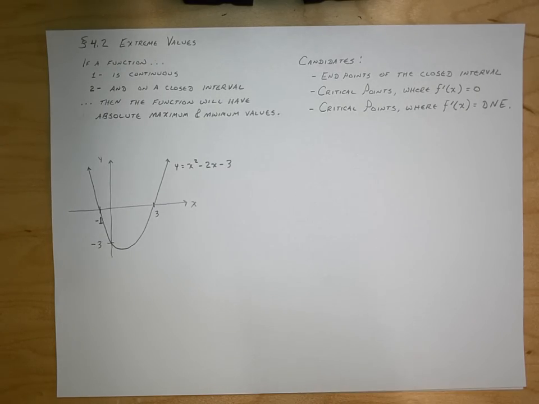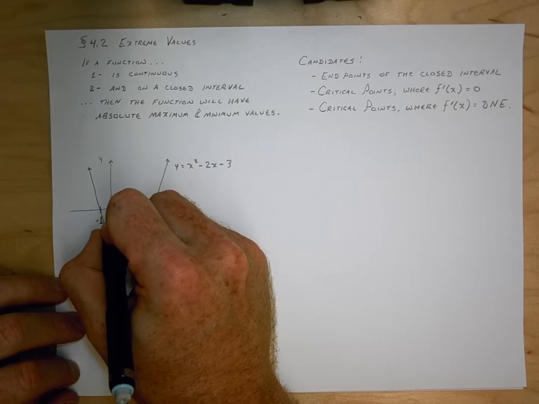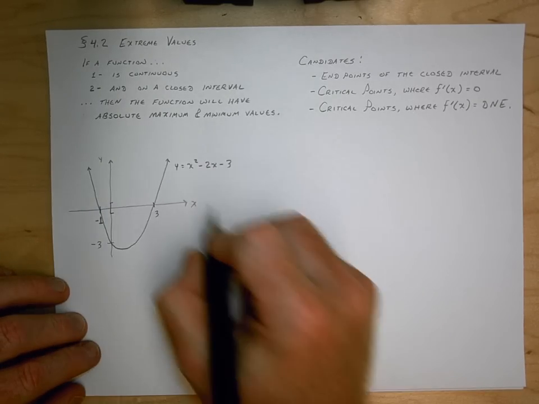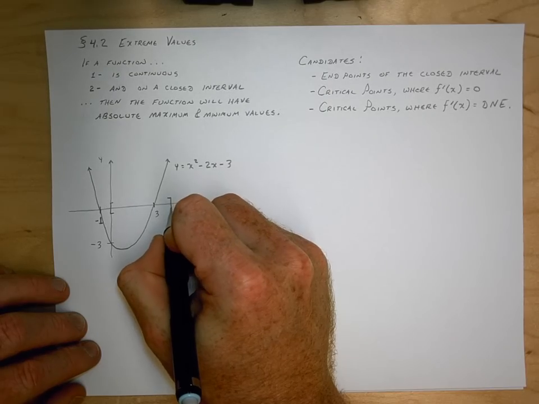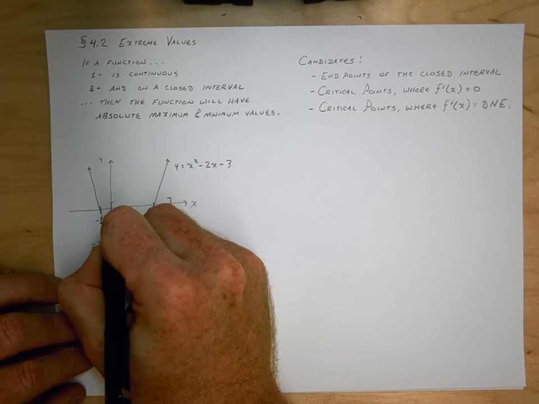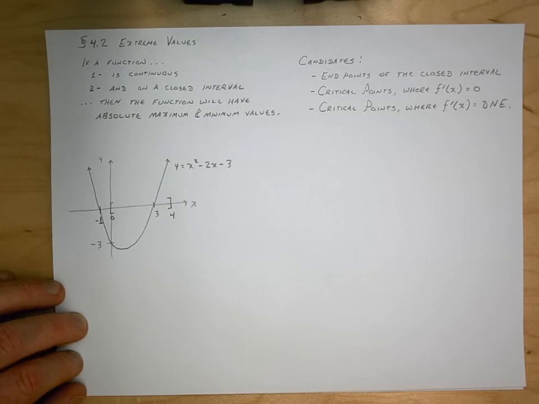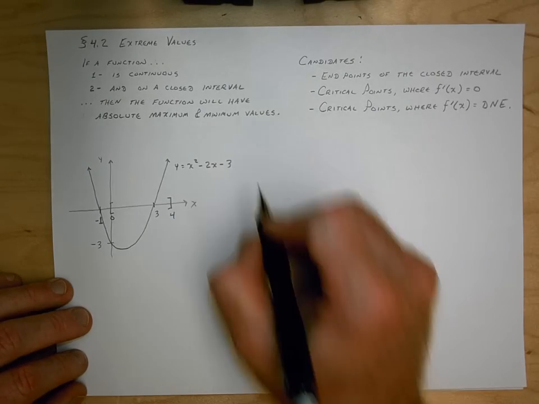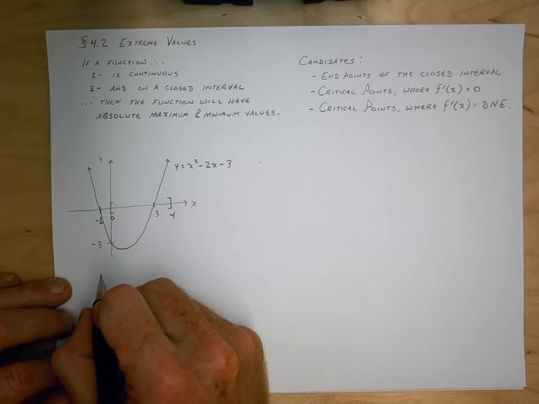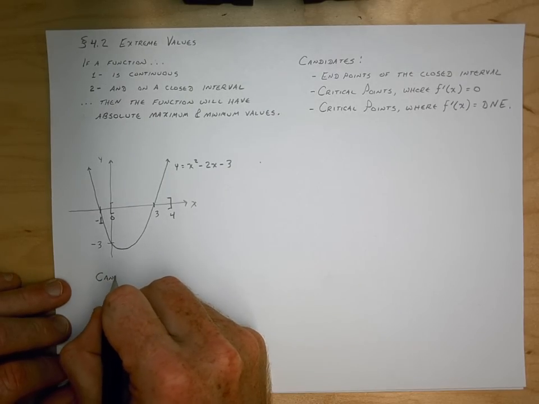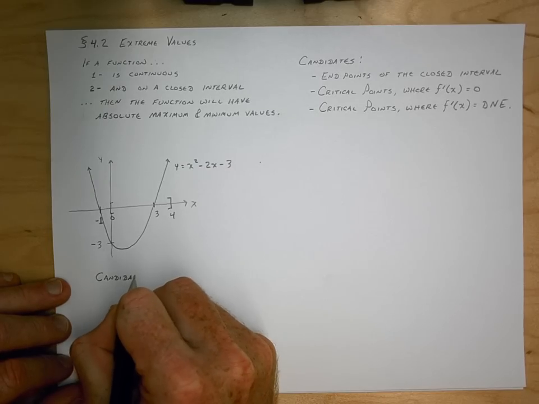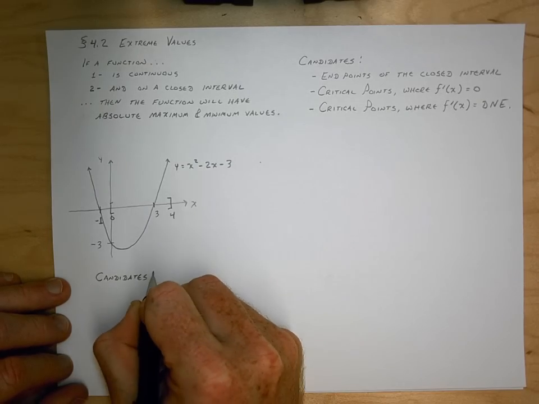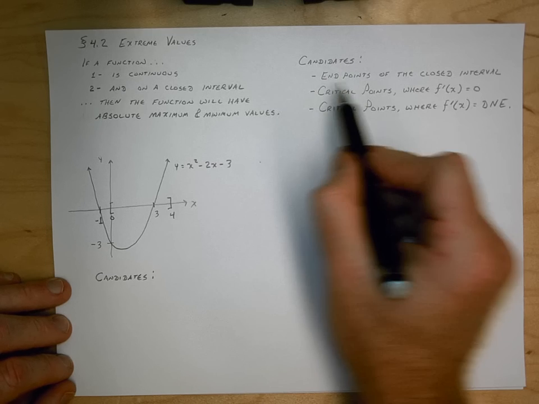We'll look at this on a bounded interval, closed interval from 0 to, let's say, 4. And we want to find absolute minimum, absolute maximum. Okay, let's make a list of candidates. I'll go back to my list.